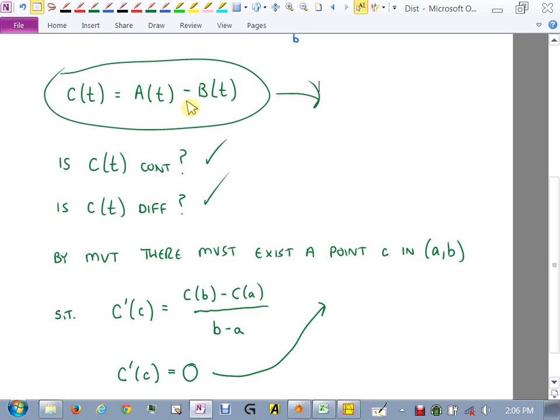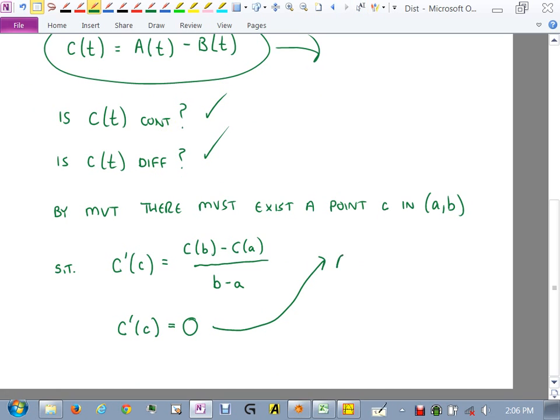How do you take the derivative of two functions that are being subtracted? Derivative of each one, right? What's the derivative of A? Well, A prime, right? A prime of C. This right here means A prime of C minus B prime of C must be 0. Now move this B prime to the other side.